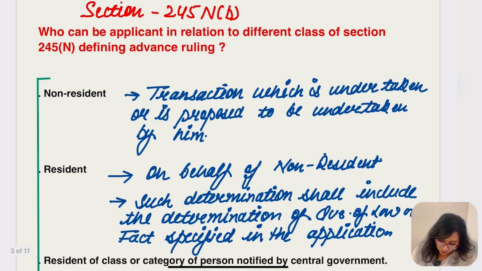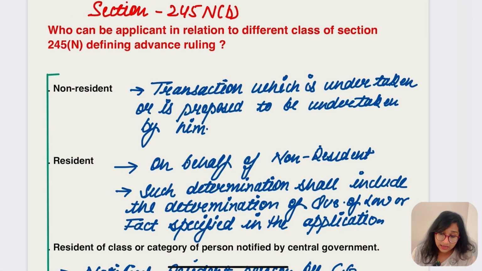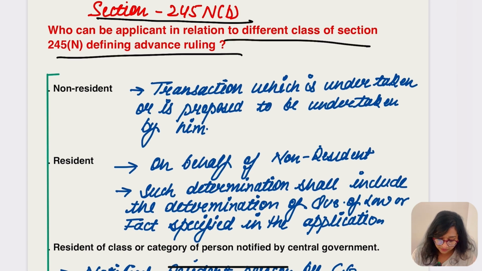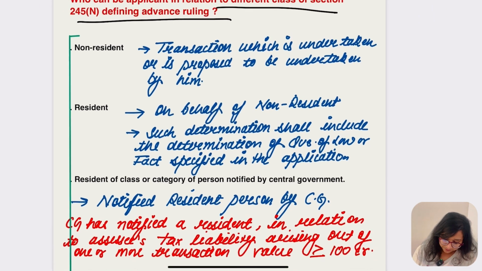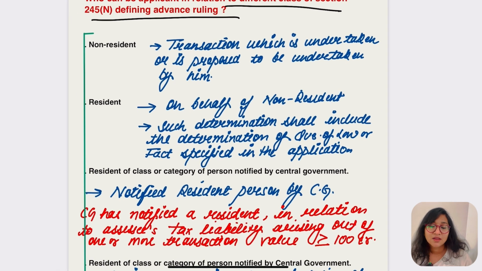So let's check out who can be the applicant related to this section. Section 245N(b) talks about the applicants related to the different classes of persons, in section 245N defining advance ruling, as follows. Number one, the person is a non-resident.